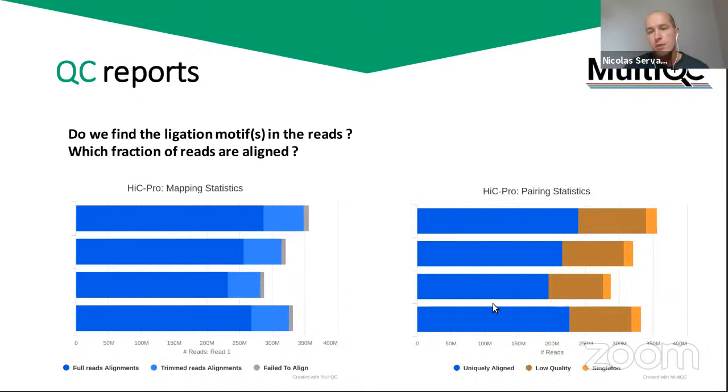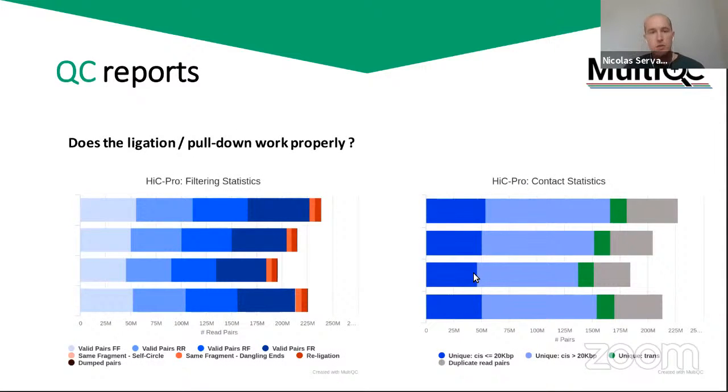And then we reconstruct the pair BAM. We merge the two R1 and R2 BAM files. And here again, you can filter the data according to the mapping quality and so on. Another very interesting quality control is about the valid pairs detection.